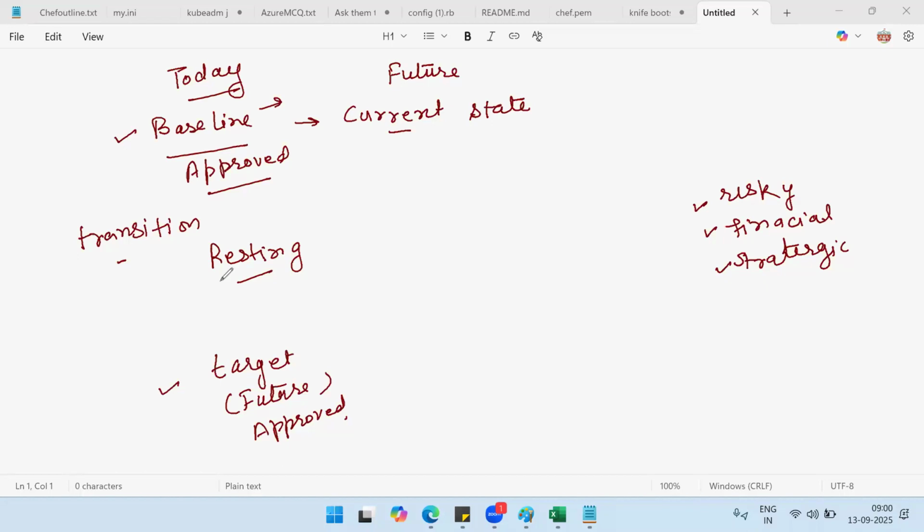In this state, we are saying that these activities are in rest or in suspended mode. We did not receive the approval. That could be one reason, or that solution has some problem. That could be the reason we are putting that part of the solution on rest, right?